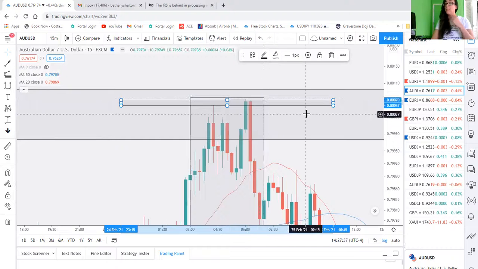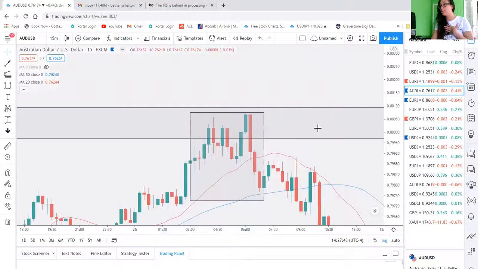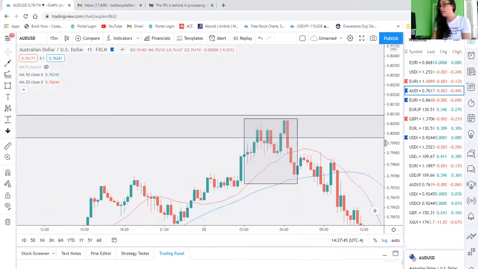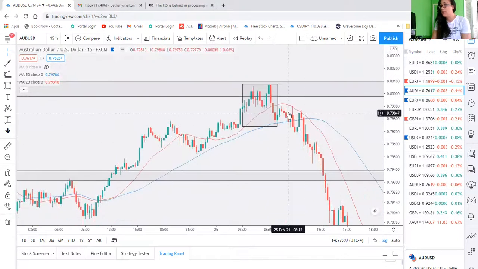So technically, in my book, it's not a double top. But I have strict rules because that's how I created my trading plan. You can create it, make it your own.